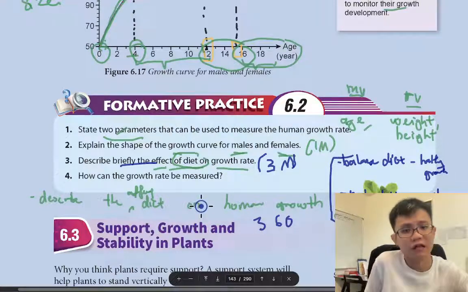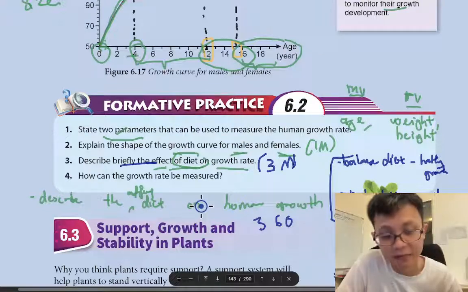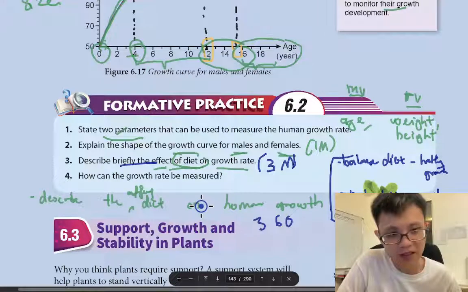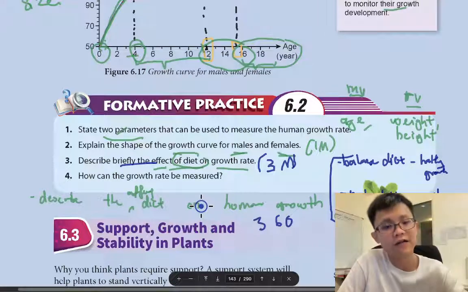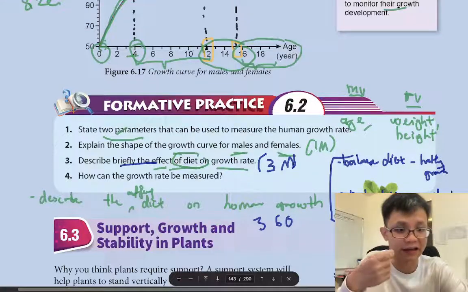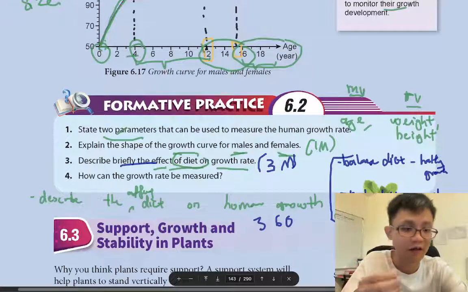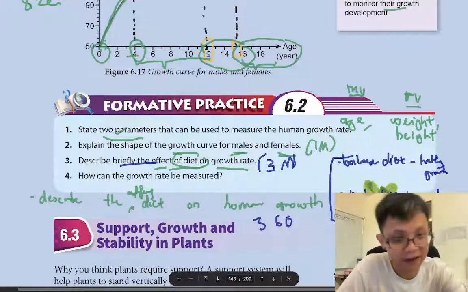Okay, so a person should have a balanced diet so that the person can grow healthily. He should eat protein, vitamin, calcium, and so on. However, if the person does not have enough food, it can be considered as malnutrition, where the growth is very slow and the person is unhealthy.